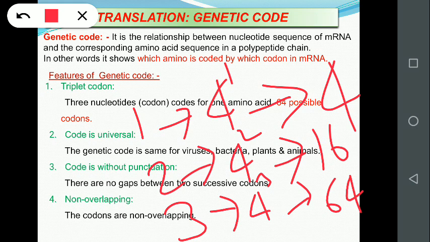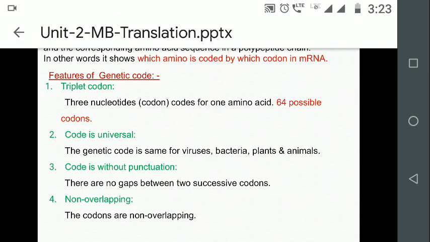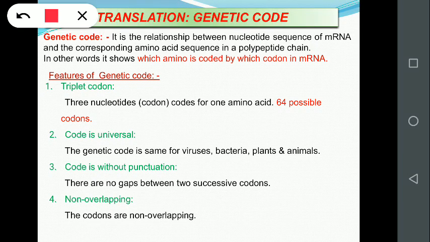That is why organisms always follow the triplet codon mechanism, the coding ratio, to keep it simple and sufficient to code for all the 20 different amino acids. So 64 possible codons are there to code for 20 different amino acids.